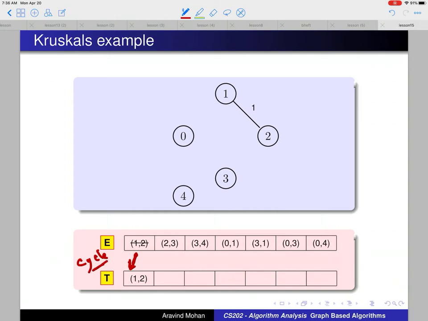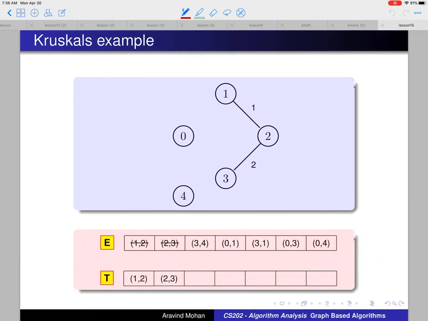If there is a cycle, then it's no longer a tree, and thereby you cannot add that edge to your subset T. Adding 1 2 did not lead to any cycle at this point, so we simply add 1 2.